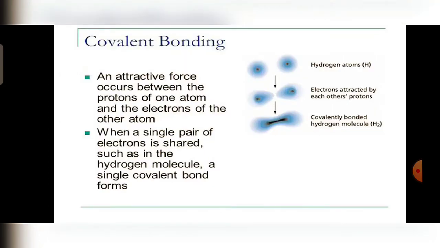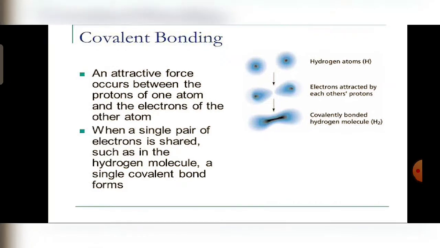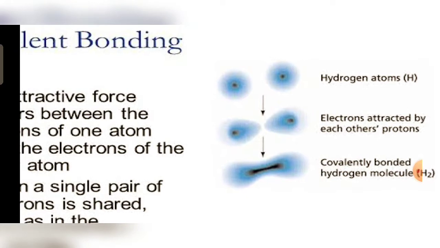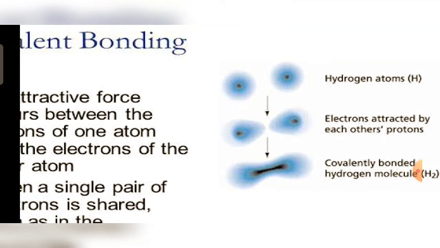For example, attractive force occurs between the protons of one atom and the electrons of the other atom. You can see here the atom of hydrogen, and here we discuss the formation of H2 molecule. So there are two hydrogen atoms, and when these hydrogen atoms are attracted by each other and form a bond by sharing of electrons, they will come into contact with each other.